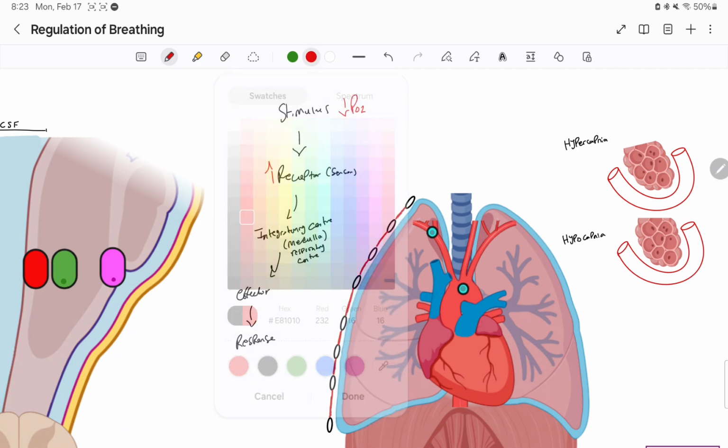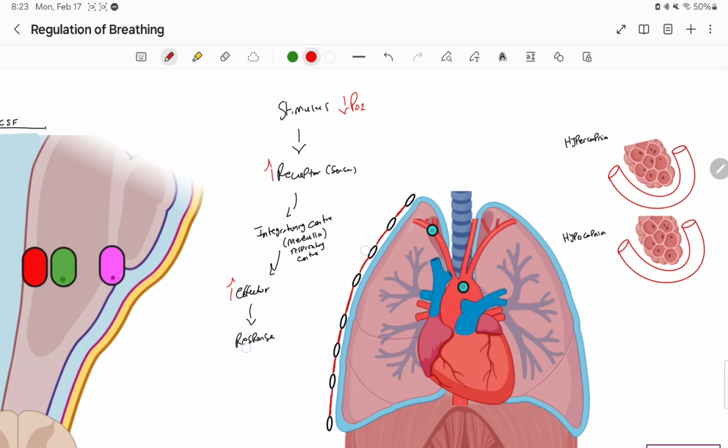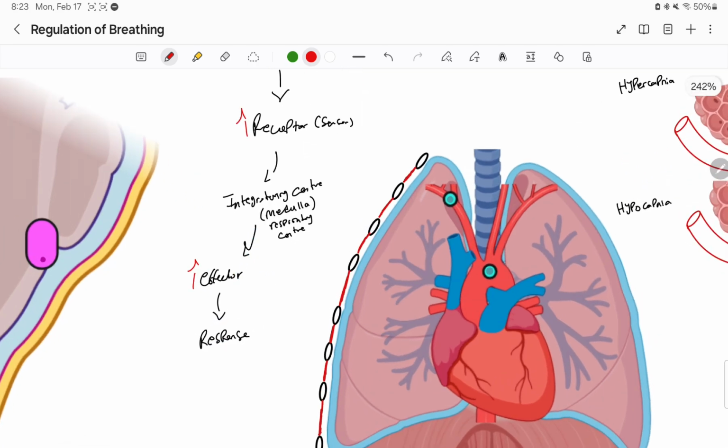Then this respiratory center will go out and say, hey, I need to increase ventilation. I need to increase my inspiration. So what does it do? It'll go to an effector and say, hey, increase your activity. What kind of effector? Maybe inspiratory muscle, for example, the diaphragm.